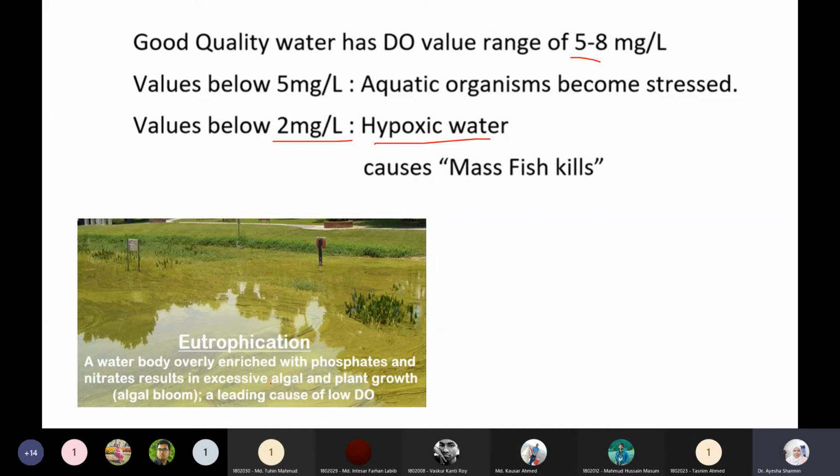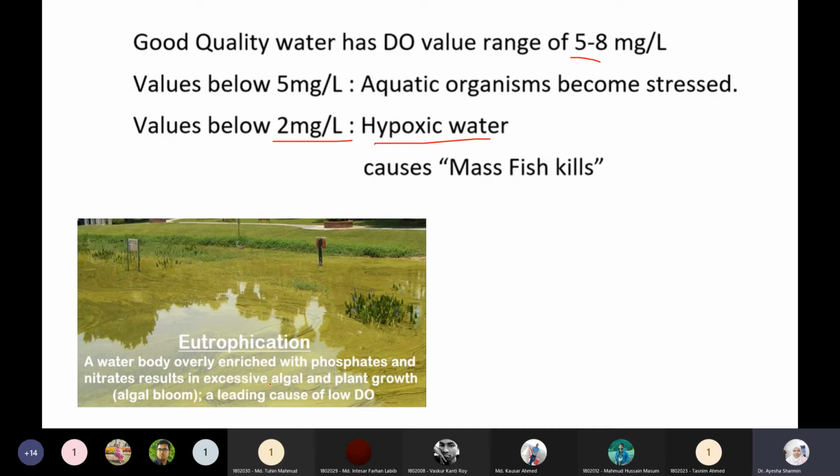The blue-green algae were excessive, it's called a bloom situation, and those blue-green algae or cyanobacteria are not so innocent. They can also produce toxins. So a combination of the overgrown algae and the toxin caused that disaster in the Haor.